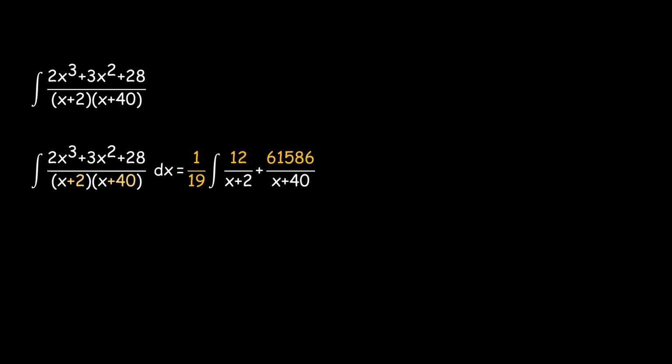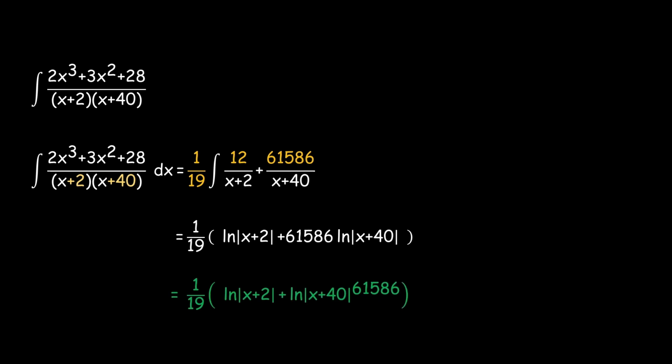Substitute these values back into the original equation. This should give us the integral of 12/(x plus 2) plus 61,586/(x plus 40). And as always, this will give us natural logs. So we have 12/19 natural log of x plus 2, plus 61,586/19 natural log of x plus 40. And we can rewrite this as a power.